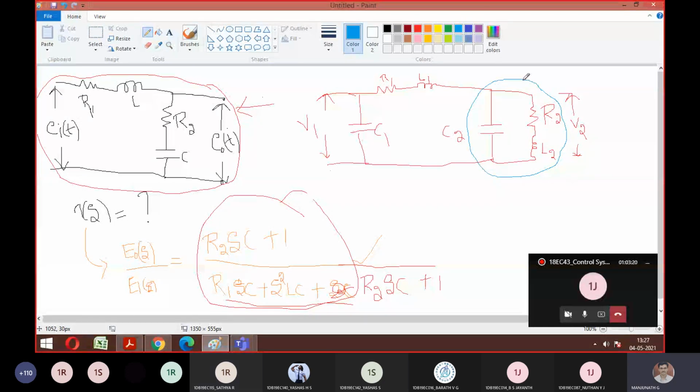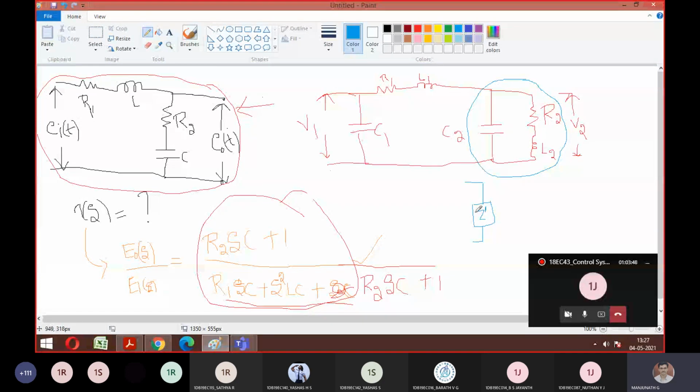Yes, sir. The combination of your RLC elements, if I make it into one, I'm going to call this some impedance. So you find what this Z dash or Z is. That will help you get things in this fashion, and the remaining will be the same procedure. Is it okay with everyone?